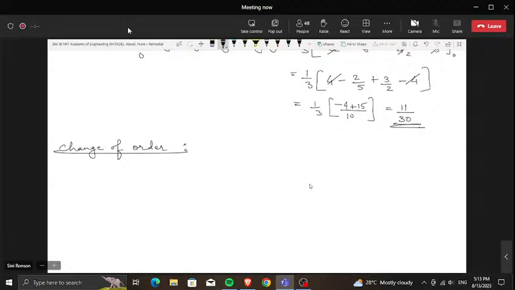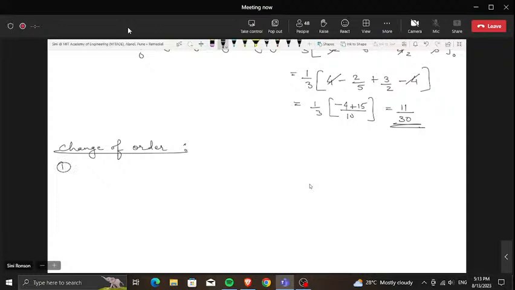Okay, how do we do that is, suppose I give you a simple question like change the order of this integral. Change the order, that is evaluate by changing the order.